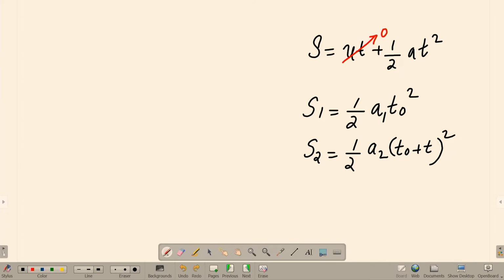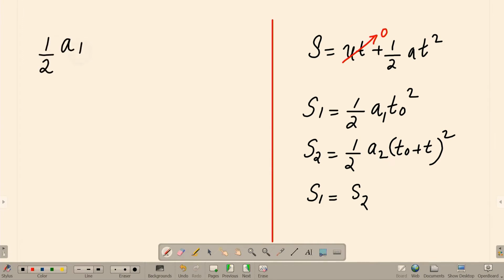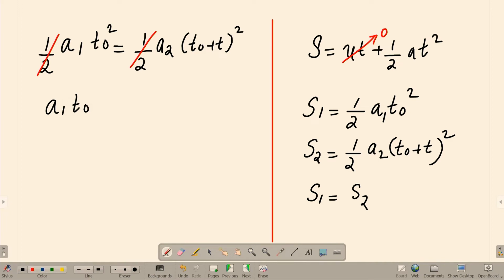Here, you know that S1 is equal to S2. Let us equate that. That means 1 by 2 a1 t0 square should be equal to 1 by 2 a2 into t0 plus t the whole square. The 1 by 2 will get cancelled out. So a1 t0 square is equal to a2 into t0 plus t the whole square.